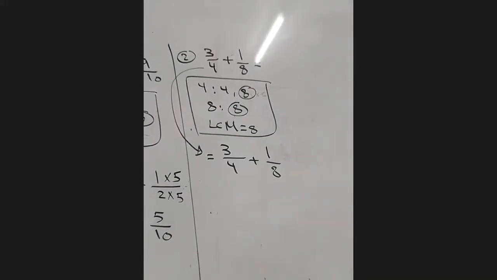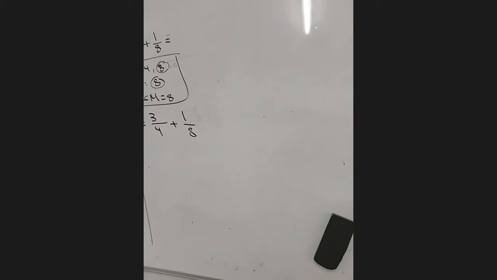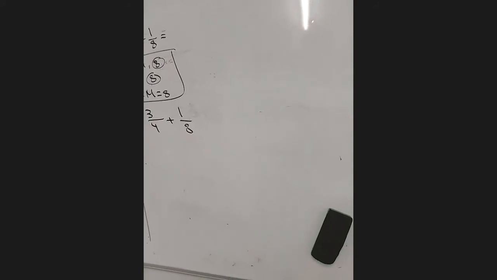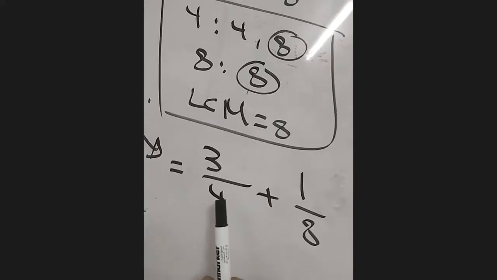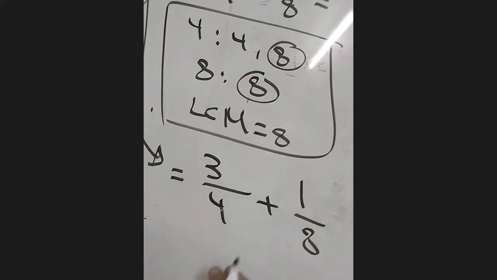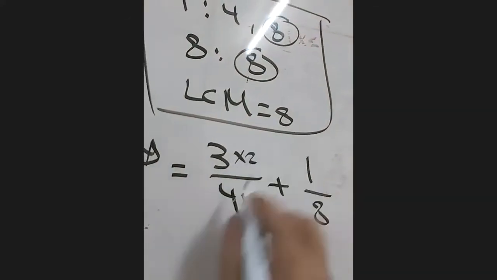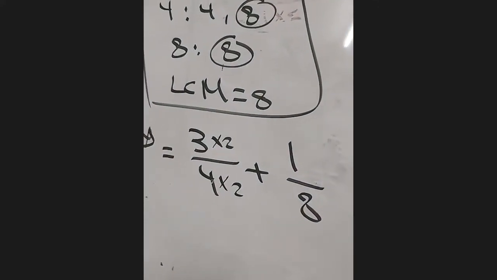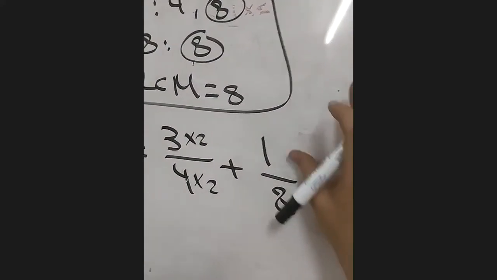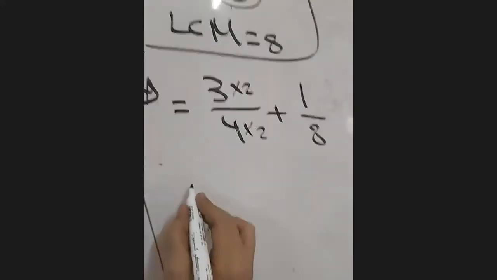Then what will we do? We ask ourselves, what do we multiply to make the 4 become 8? Multiply by 2, up and down. But how does the 8 become 8? Multiply by 1. Do we need to multiply by 1? No, leave it. So this is equal.